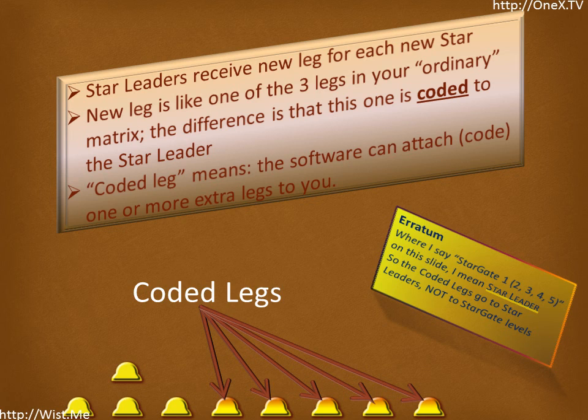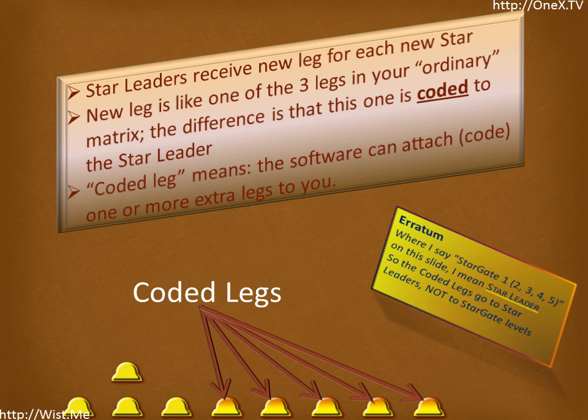when you upgrade to Stargate 1, which means you get 1 extra star, you get a new star. With every new star that you get, 1 new leg. So you start with 3 legs, but for every star that you get, 1 new leg.